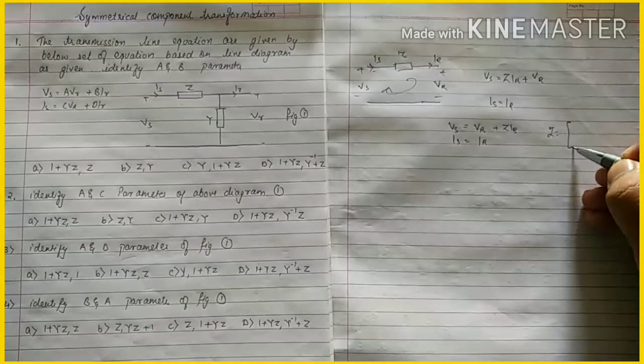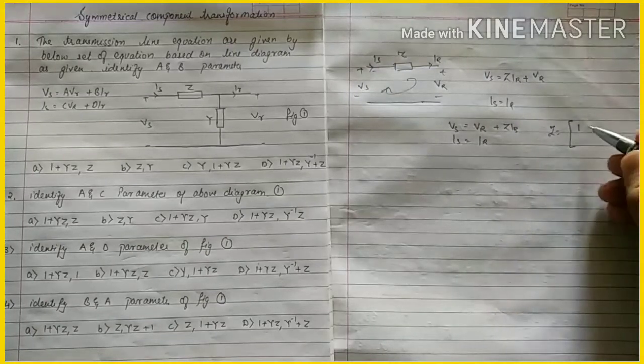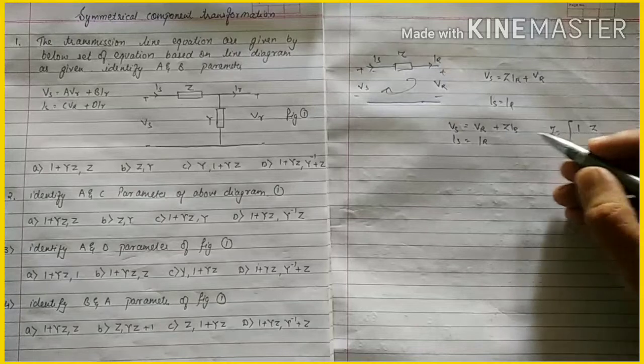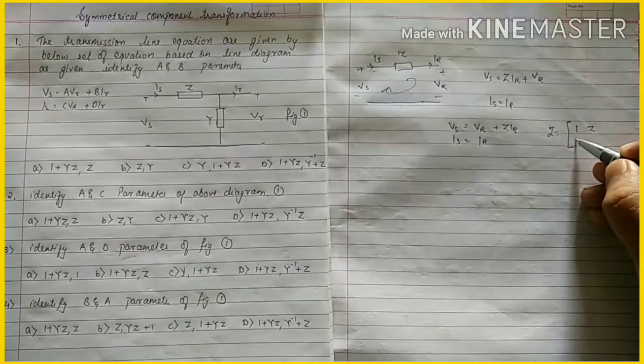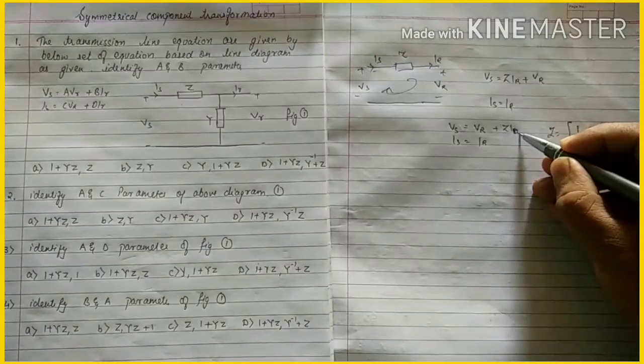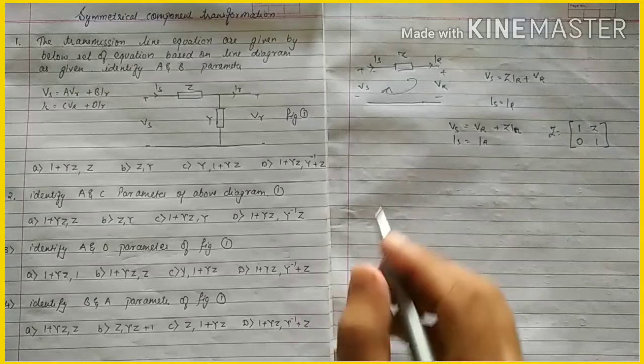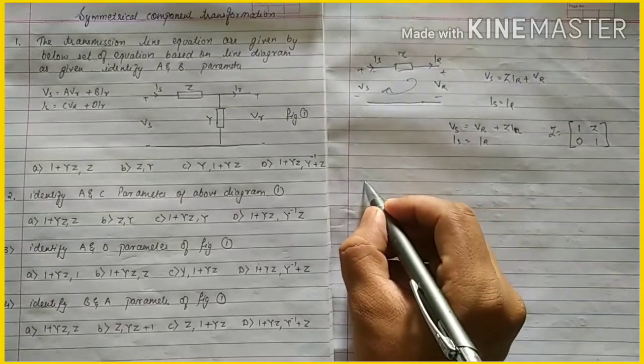So this will be equal to 1, Z, and this is 0 and this will be 1. Okay, understood?